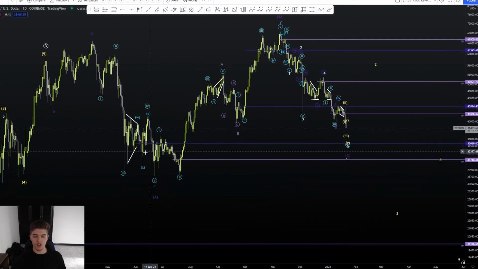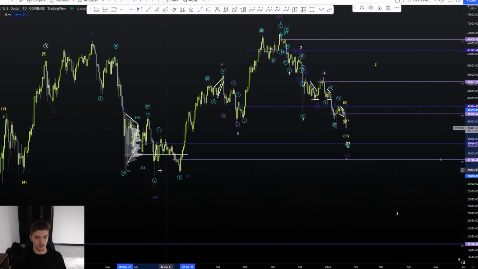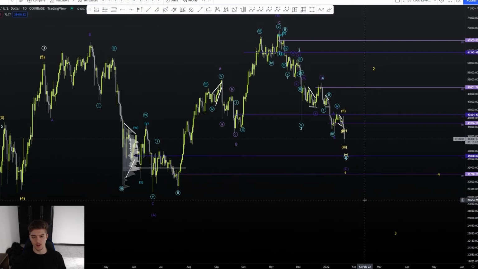So this is a lot of volume that's transacted down here that we could be approaching to retap these volume levels. And if we were to take a fixed range volume profile of this whole range right here to where it ended, which was somewhere up here, then the point of control of this volume range would be right around 32.8K. So right around this weekly level, we have a lot of strong support.